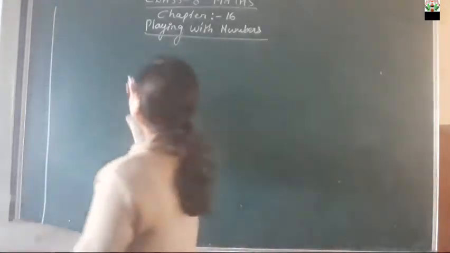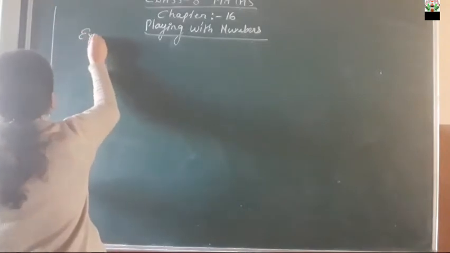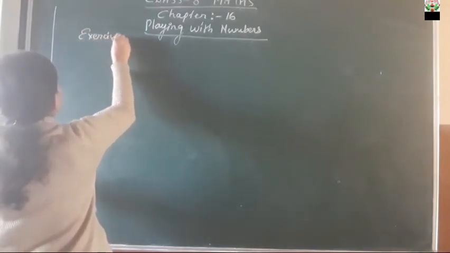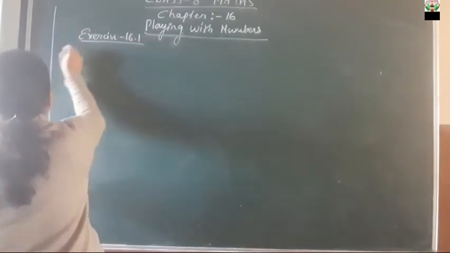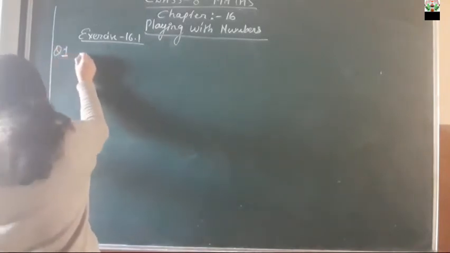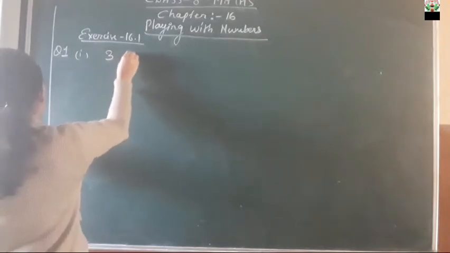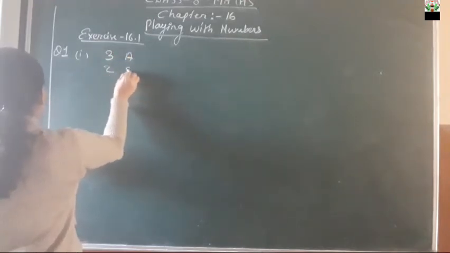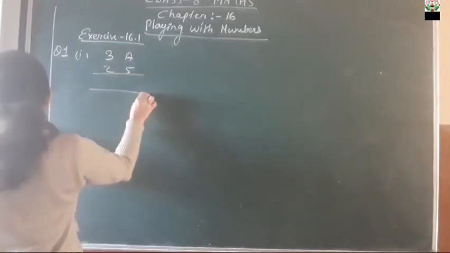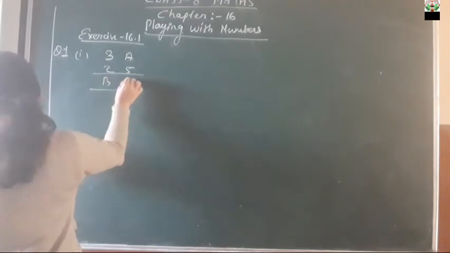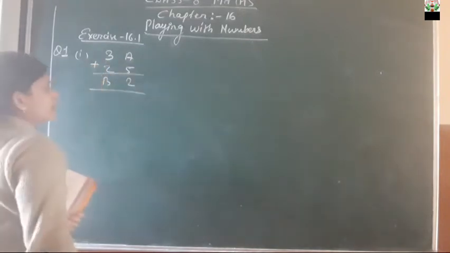Exercise 16.1, question number 1, first: 3a plus 25 and here b 2, we have to add them.